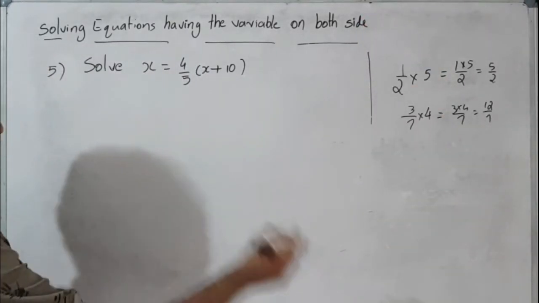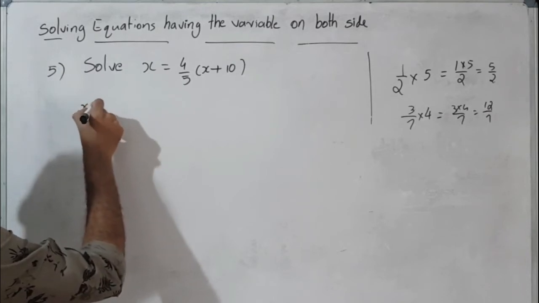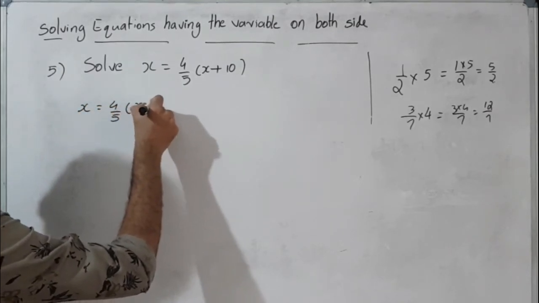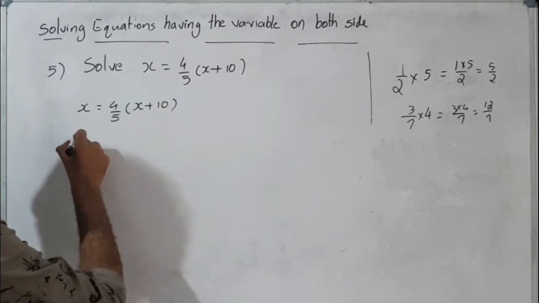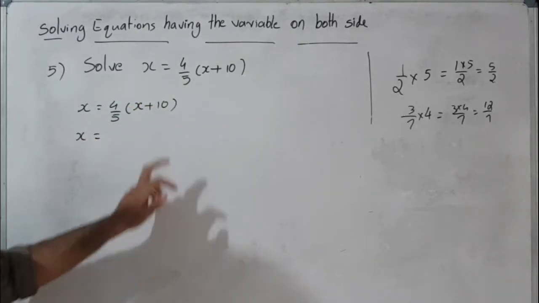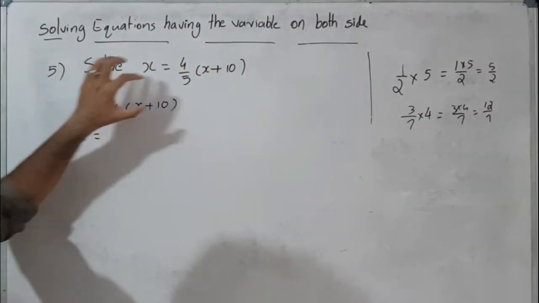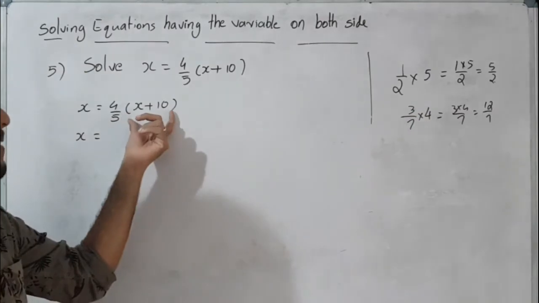Okay, now x is equal to 4 by 5 into (x plus 10). How is it possible to write this? Instead of 3 by 7, here is 4 by 5. Instead of 4, here is x plus 10.